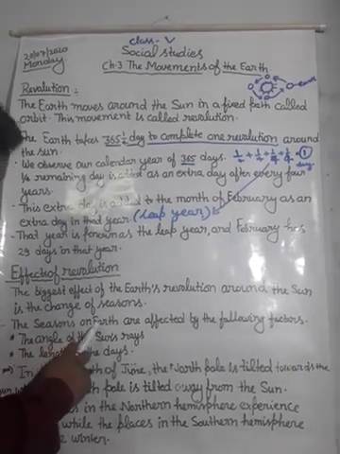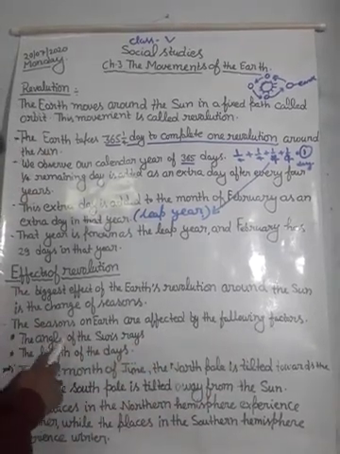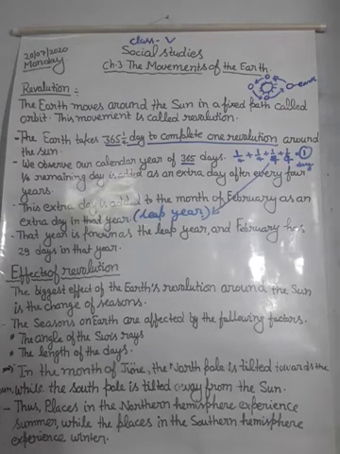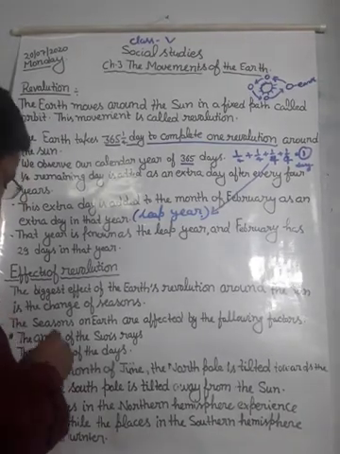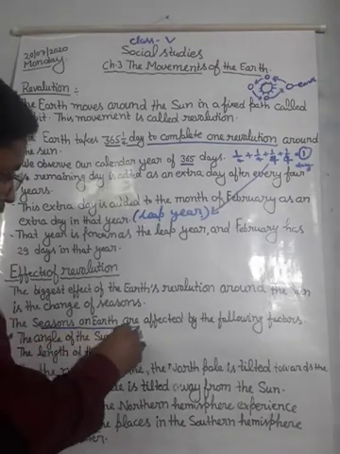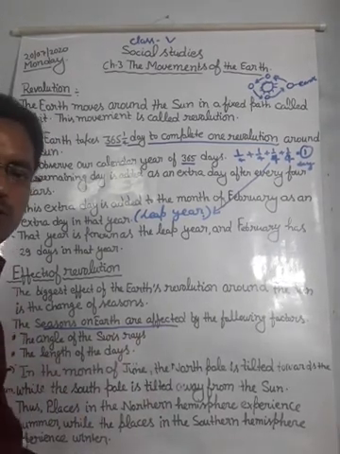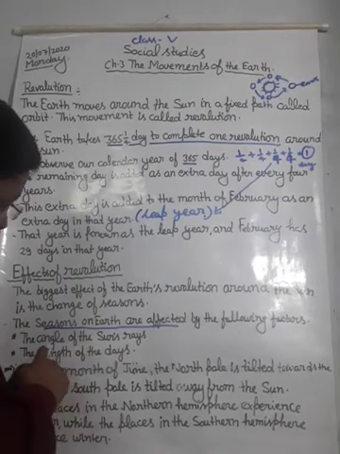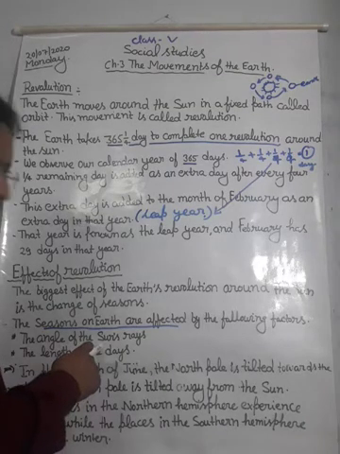The seasons on the Earth are affected by the following factors. The angle of the Sun's rays. The angle of the Sun's rays means which season will be on which part of the Earth is decided by the angle of the Sun's rays that fall on the Earth.